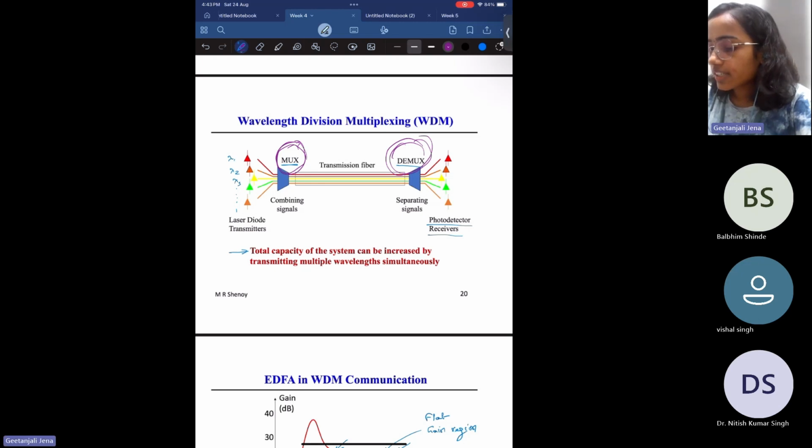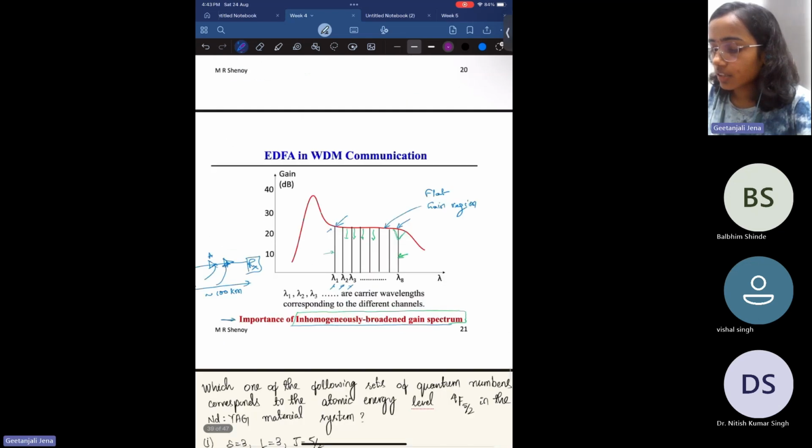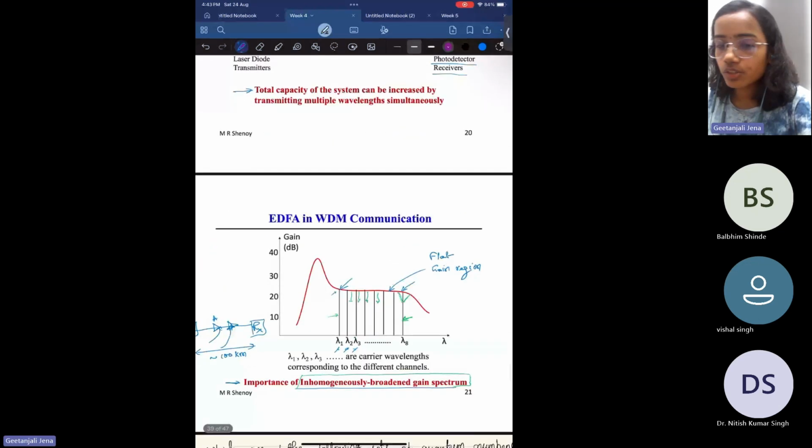In this way, we can increase the total capacity of the system. Total capacity means we can allow the propagation of different types of signals simultaneously and effectively. And as you know, EDFA is widely used in communication systems because of this flat line.